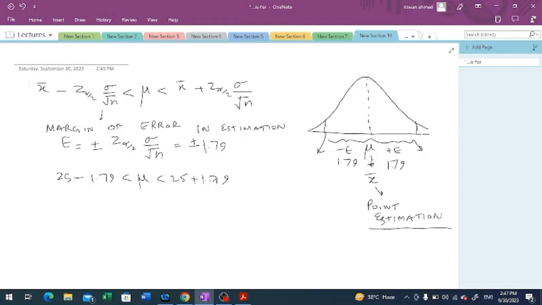And this is how we interpret margin of error. Usually we are asked for an interpretation of the margin of error component.